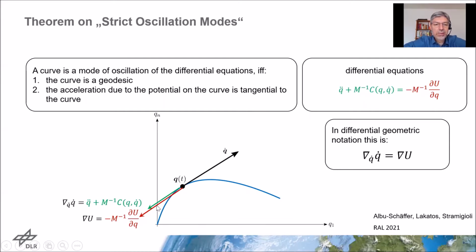And here you see this condition visualized. So basically the covariant derivative and the gradient of the potential, they both need to be tangent.